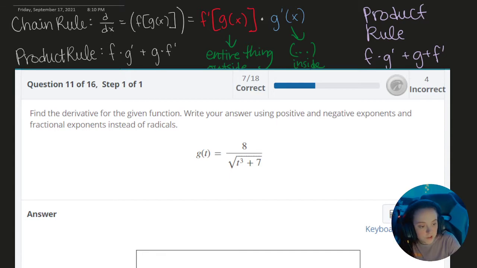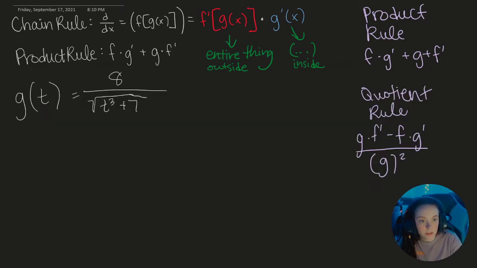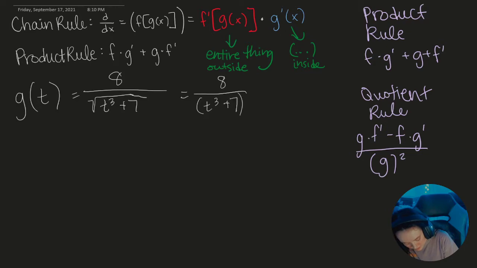Okay, so now that I have written the problem, we're going to go and make that prettier. Okay, so that is equal to 8 over t cubed plus 7 to the 1/2 power. Okay.